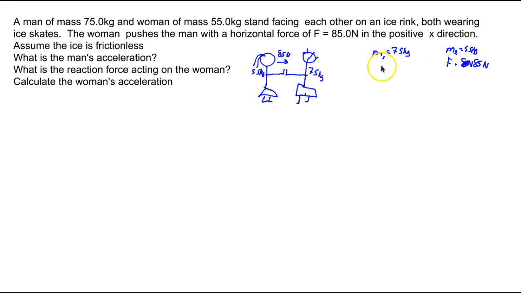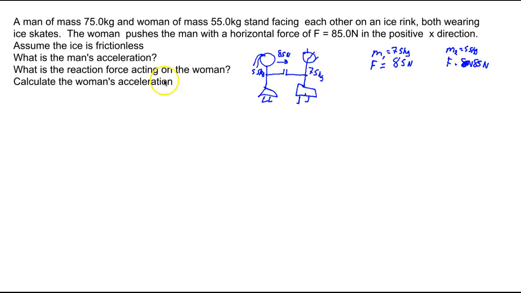Okay. So what is he experiencing? He is experiencing an equal and opposite of the total, right? So the net force here is 85 newtons pushing against him. So he's actually experiencing a positive 85 newtons force on him.